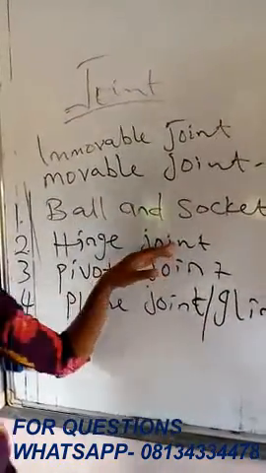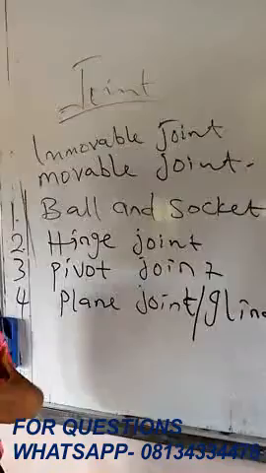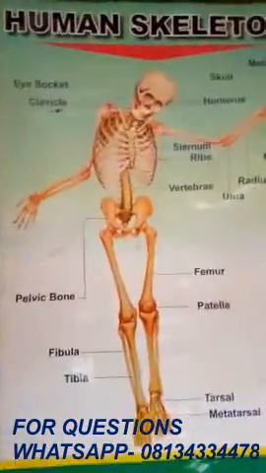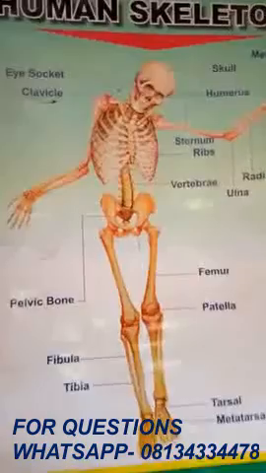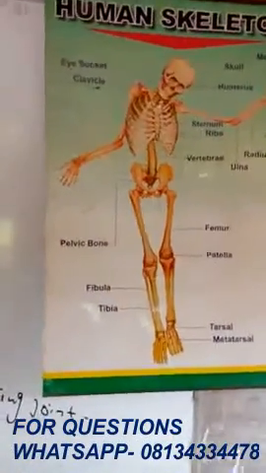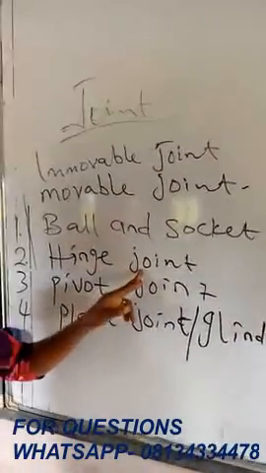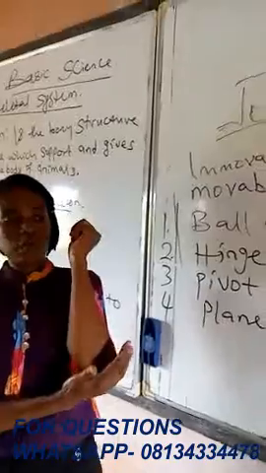Two, the hinge joint. The hinge joint is the joint at the chest region. The hinge joint is located or found at the elbow.